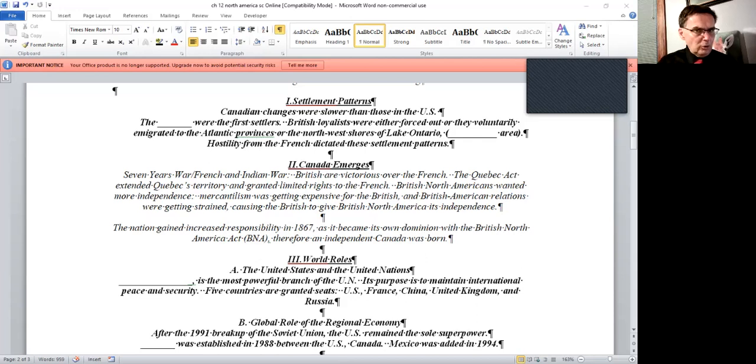The Canadian Shield, you can see on your map, and interior lowlands dominate between the Rocky Mountains and the Appalachian Mountains. As I said, the Appalachian Mountains extend from northern Georgia into the Atlantic provinces of Canada, New Brunswick, and so forth.